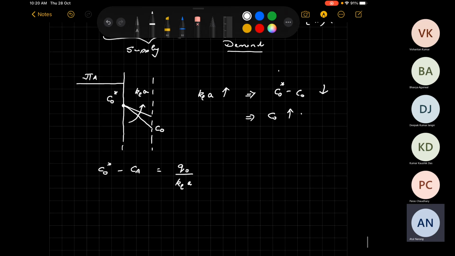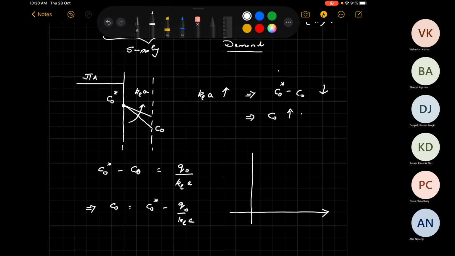And that implies that C_O equals C_O star minus Q naught over K_L a. That's the expression you have. This graph you can plot and you can see exactly what's going to happen. And this is the graph that you will get.